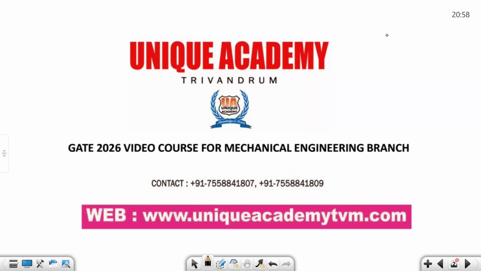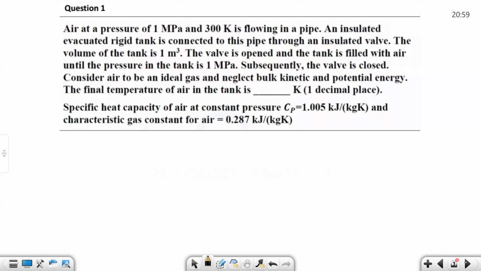In this video, we will see GATE problems from thermodynamics. Air at a pressure of 1 MPa and 300 Kelvin is flowing in a pipe.